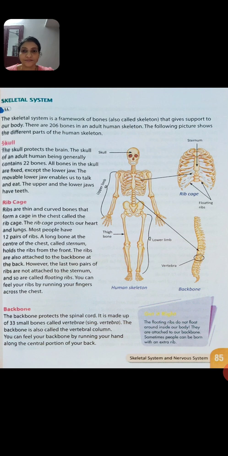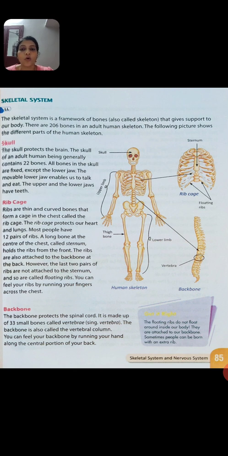Skull. The skull protects the brain. The skull of an adult human being generally contains 22 bones. All bones in the skull are fixed except the lower jaw.